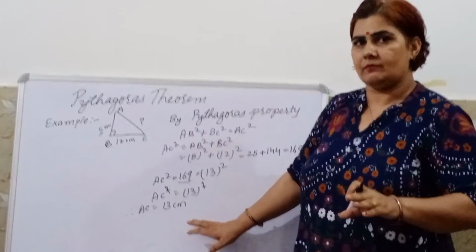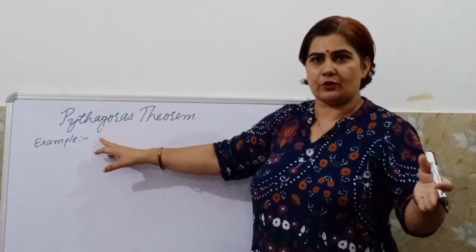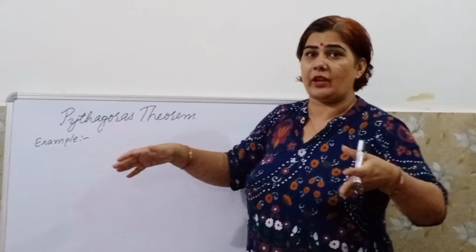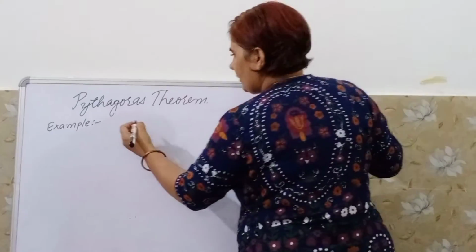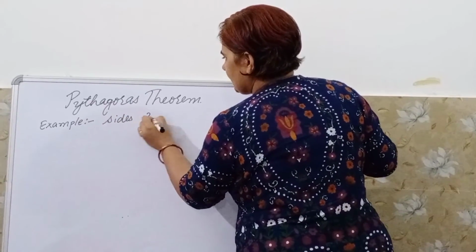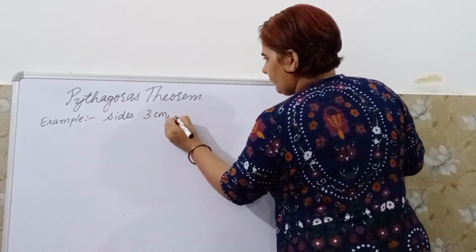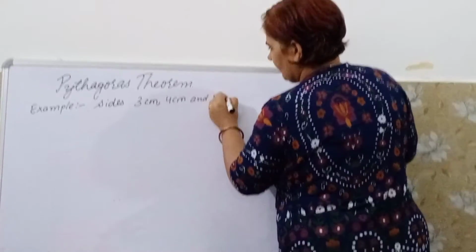Let's see. Now let's learn to use the Pythagoras property again. Is the triangle right angle or not? So how will we go about it? For example, we have 3 sides, that is 3 centimeter, 4 centimeter and 5 centimeter.